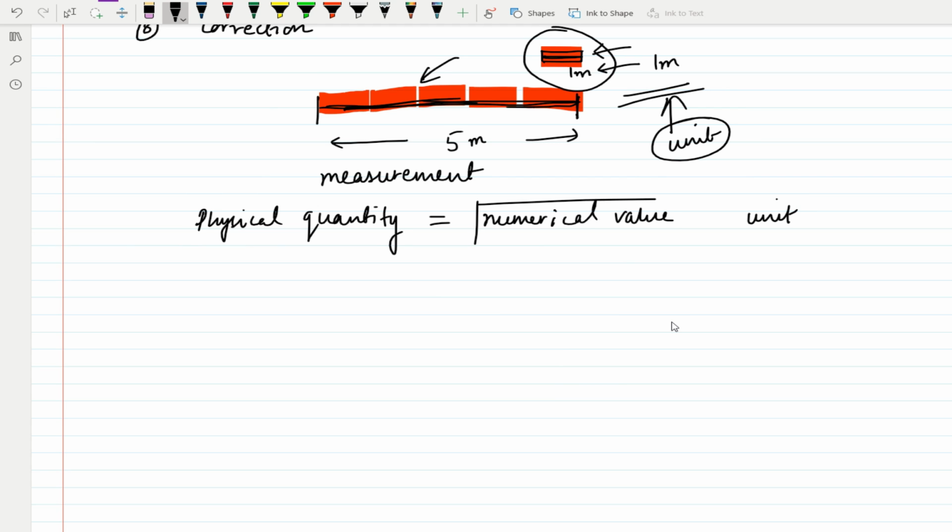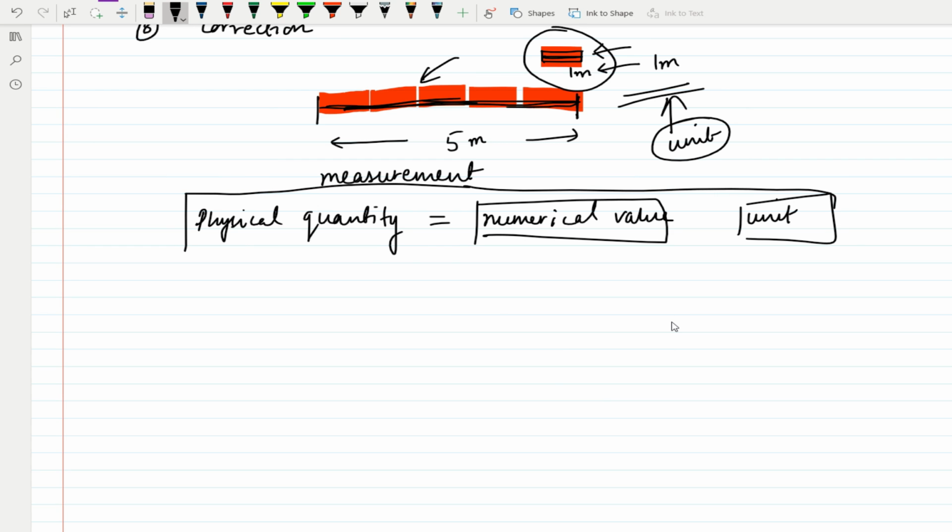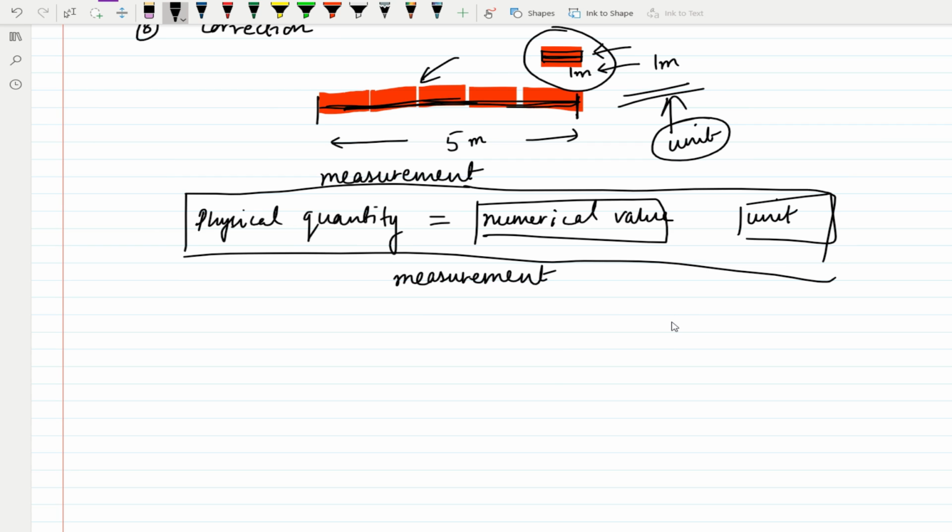So we'll have a numerical value and a unit. If we are able to represent any physical quantity in this format, then we have actually done measurement of that physical quantity. Understood?